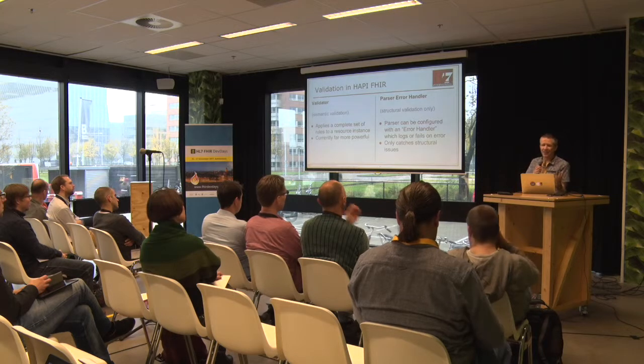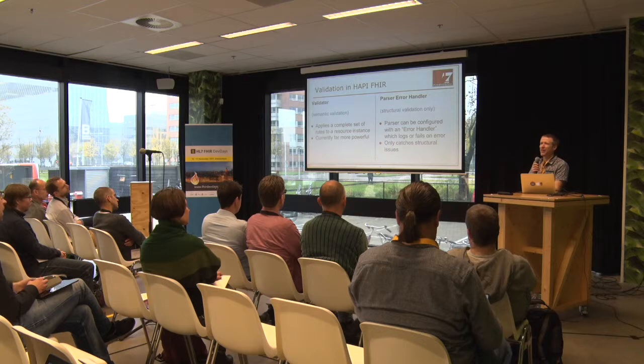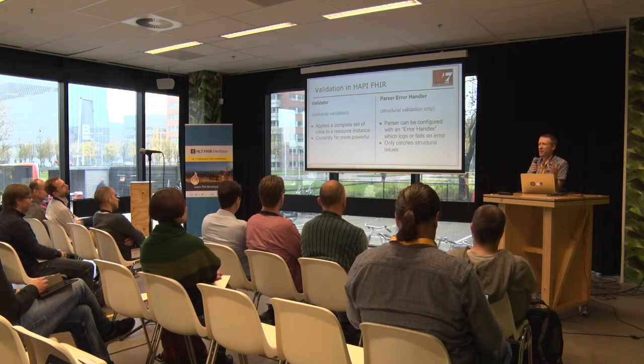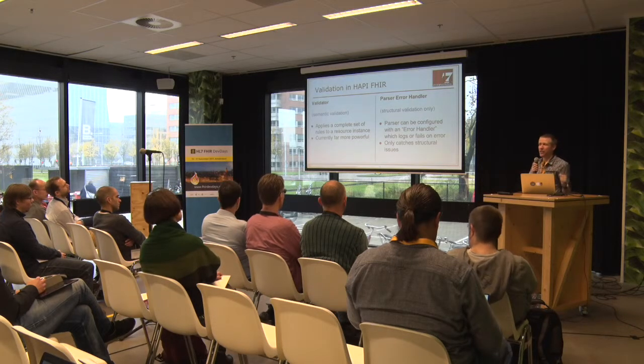On the other hand, the actual validator gives you semantic validations. The validator is able to detect much deeper problems. For example, FHIR has a rule that status in an observation is required, so it can throw out an error if we've got an observation without a status.